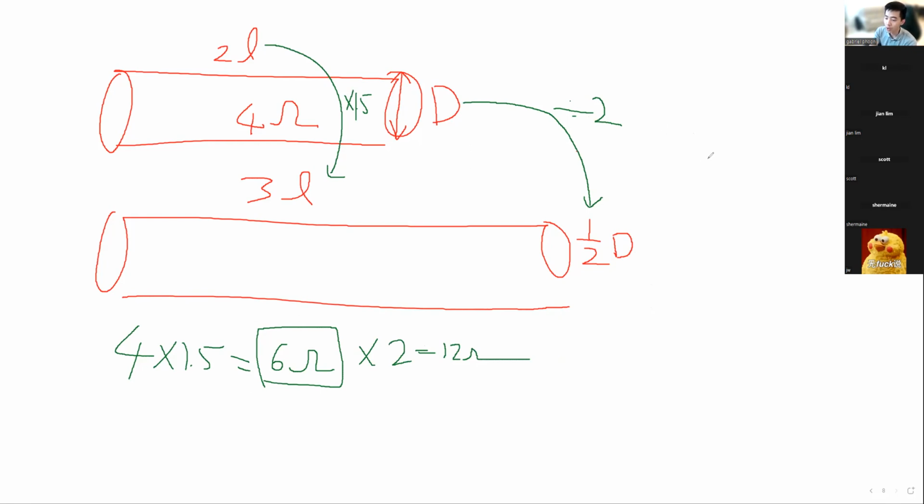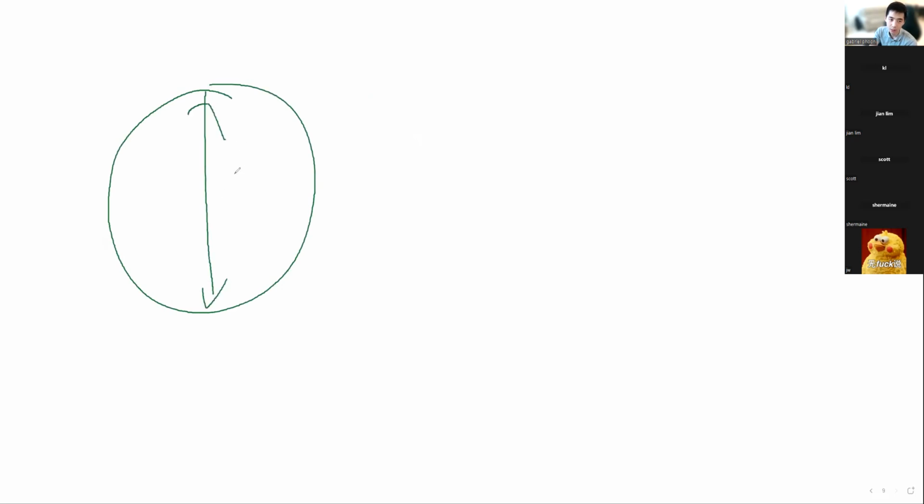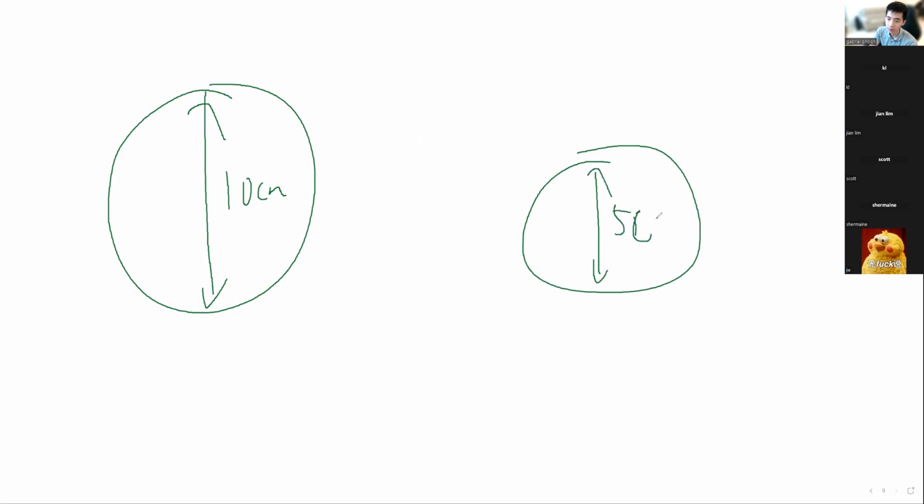By now, you should understand that if I were to draw a graphical representation, let's say this thing here is 10 cm, and this thing here is 5 cm diameter-wise.